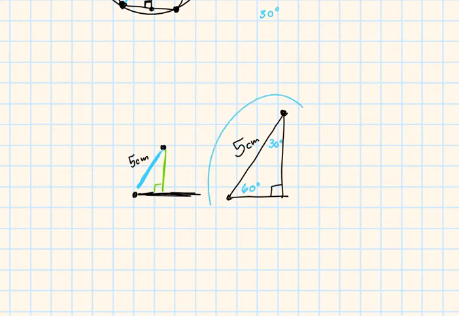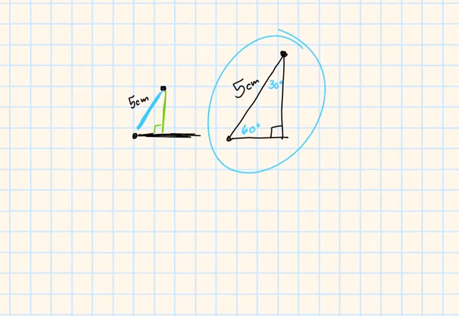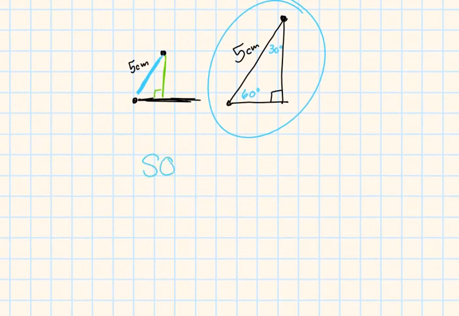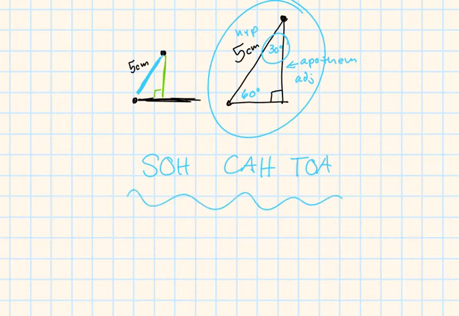So using these three pieces of information, I should be able to use sine, cosine, or tangent. So I need to write out SOHCAHTOA. It's going to benefit me to find the apothem. Let's use that 30-degree angle that we found. According to that 30-degree angle, my apothem is adjacent, and I'm given my hypotenuse, so I need to figure out which trig function has adjacent and hypotenuse, and that's going to be cosine.